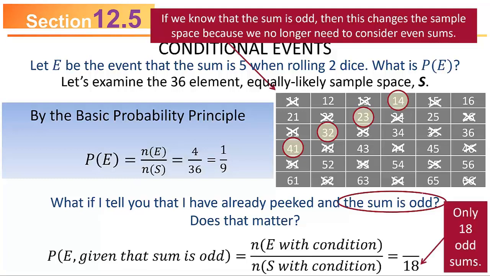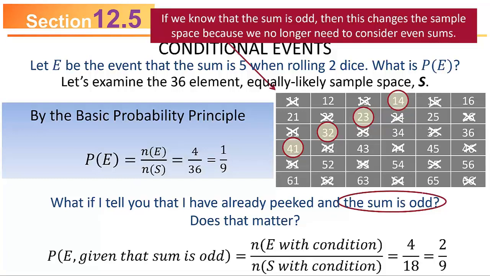Once I crossed out all the even sums, half of the 36 sums were even. That knocks the sample space down to 18. There are only 18 odd sums. And none of the sums adding to 5 got knocked out because they were all odd, so there are still 4 of those. So the probability of the sum being 5, if I know that the sum was odd, is going to be 4/18. It would have been 4/36 had I not known that.